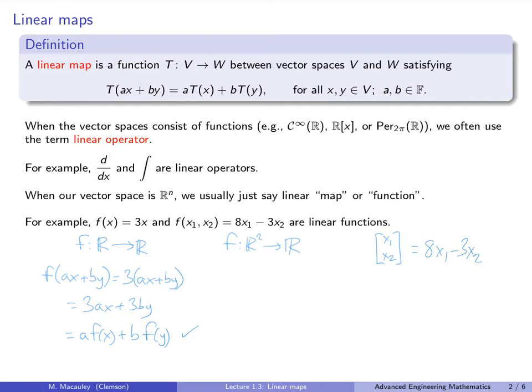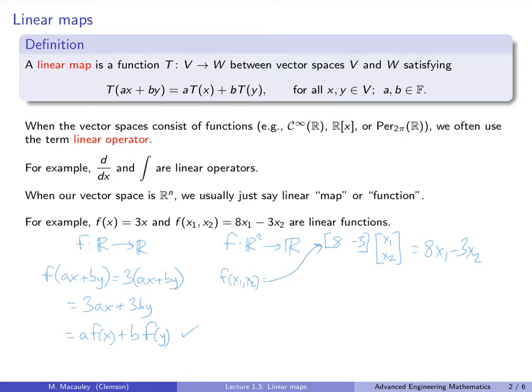It turns out that you can express this function as multiplying matrices. So if I put an 8 here and a negative 3 right here, now this is a 1 by 2 matrix, this is a 2 by 1 matrix, and here f of x1, x2 simply equals that. So this is a way to write this in matrix form.